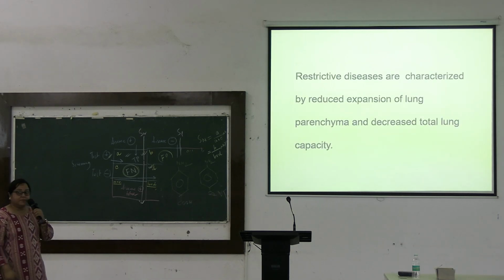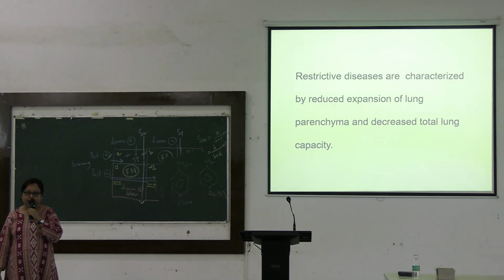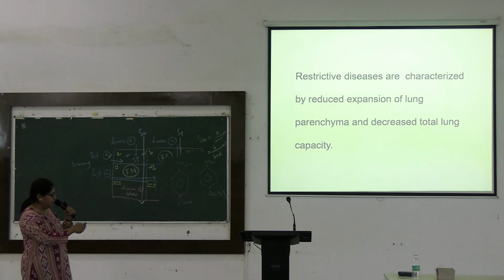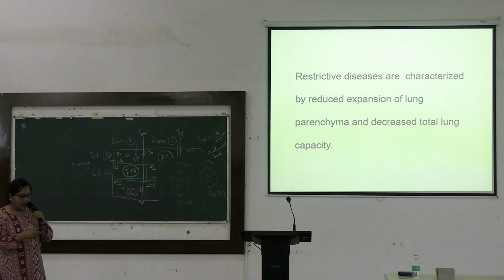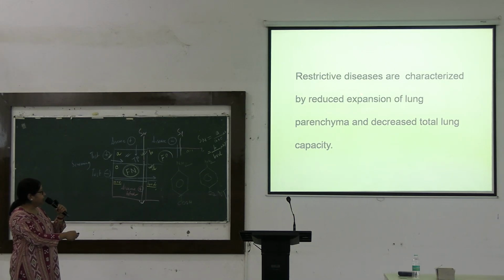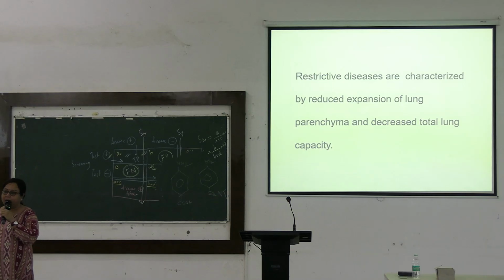Next, restrictive is not in our topic, but just for your idea, I have mentioned what restrictive airway disease is. Obstructive I have just defined, and restrictive diseases are characterized by reduced expansion of the lung parenchyma.